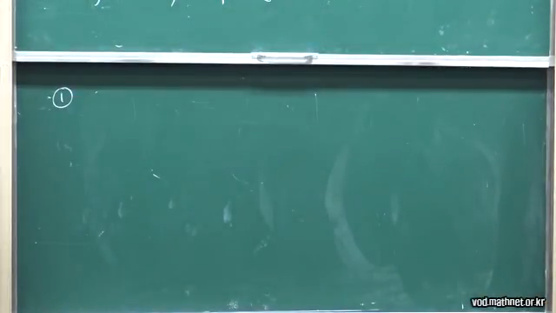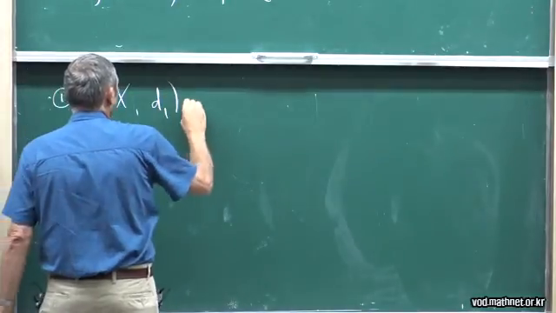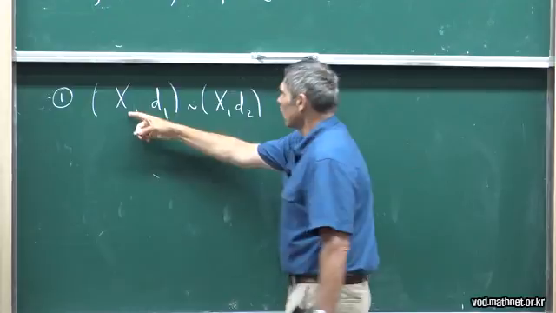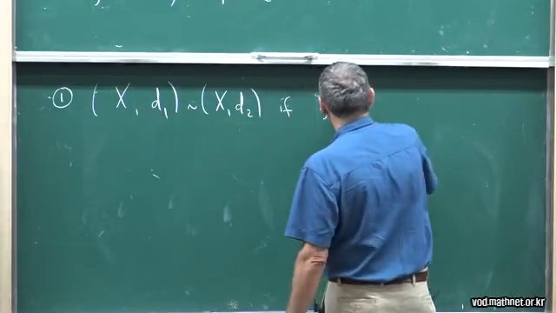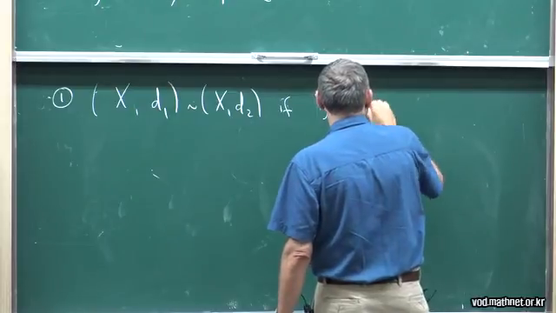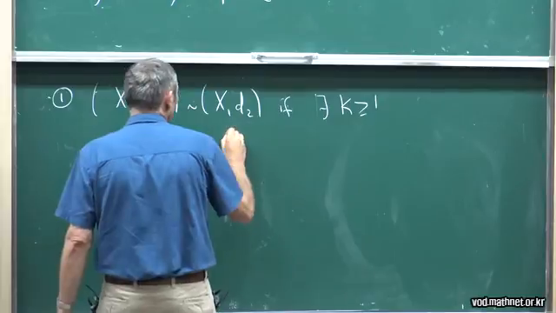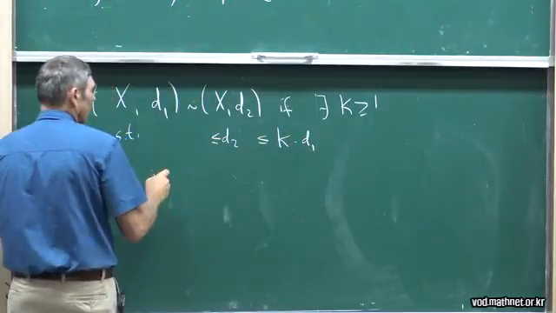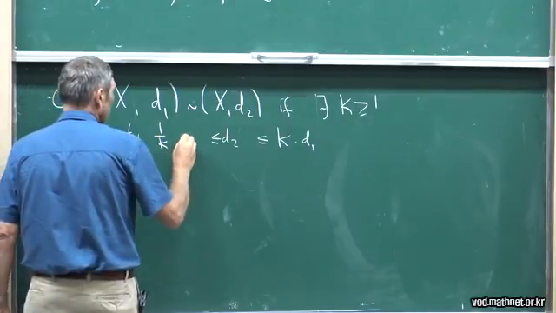Okay, so the first operation is: you're allowed to change the metric, but the new metric has to be Lipschitz equivalent to the old one. So (X, d1) is equivalent to (X, d2), the same underlying set X but two different metrics, if there is a constant K greater than or equal to 1 so that d2 is less than or equal to K times d1, and d2 is greater than or equal to 1 over K times d1.